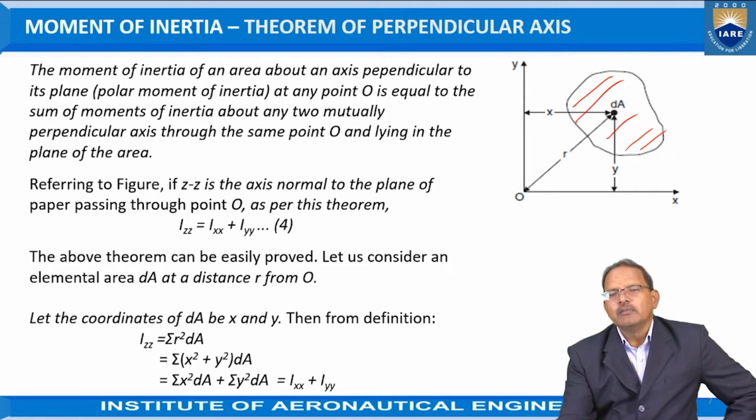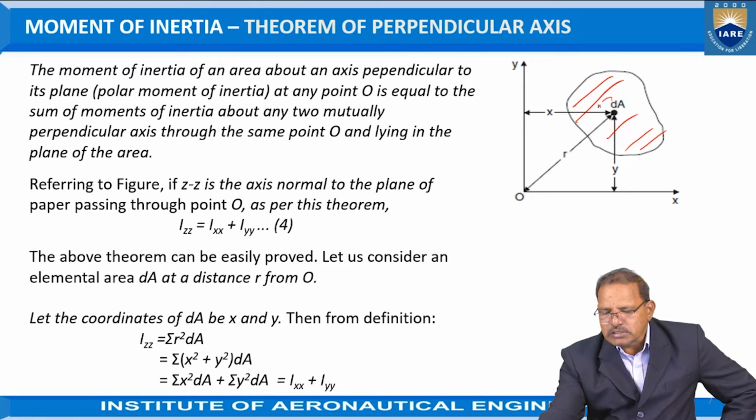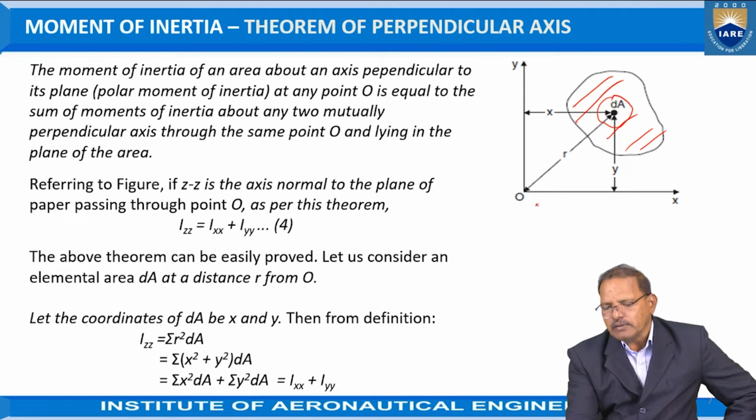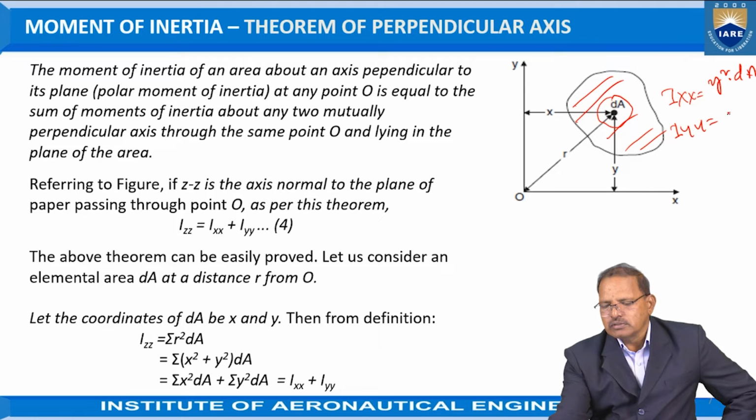According to this figure, the moment of inertia possessed by that small element dA about the y-axis is given by x square into dA. Similarly, the moment of inertia of the same area about the x-axis is Ixx equal to y square dA. Similarly, Iyy is equal to x square dA.